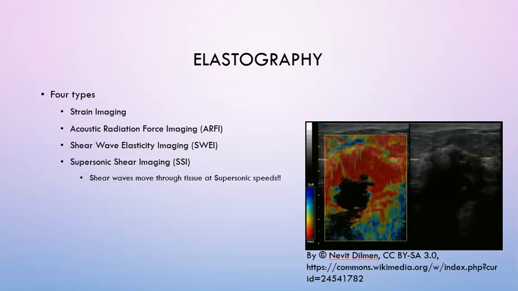ARFI is same as strain imaging, but it utilizes an automated force of the acoustic radiation from the pulse. Then there's shear wave elastography imaging, and that is the one that most machines are going to. And then there's something called supersonic shear imaging, where shear waves move through tissue at supersonic speeds. We'll also talk about that.